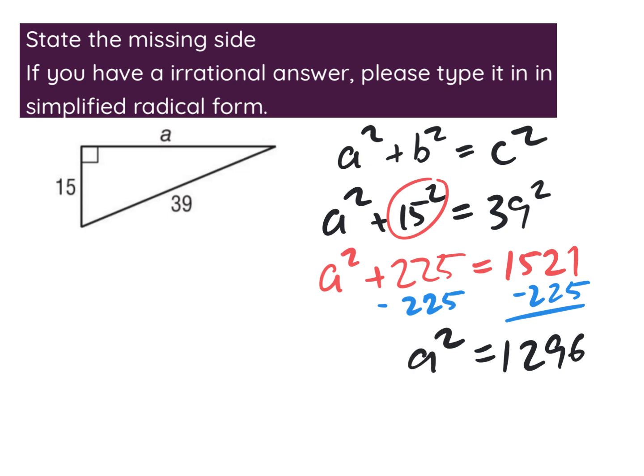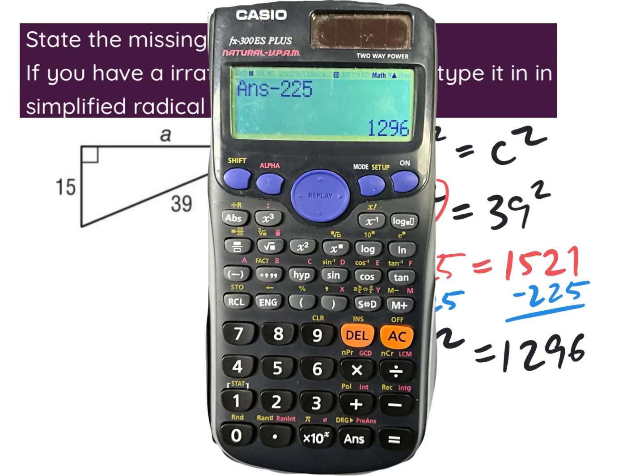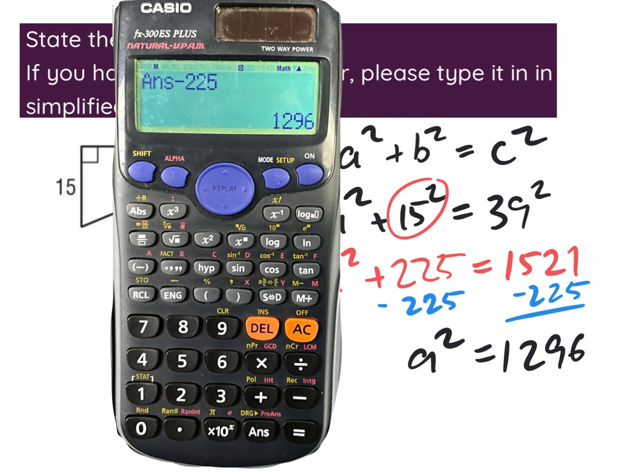Now, at this point, let me show you what I have on my calculator so far. I ended up with this answer the last time I did 1521 take away 225, and I got 1,296. Now, if I want to apply a square root, because to get rid of the square on the a squared you've got to do a square root, since it's already on the screen, all you have to do is hit the square root button and then hit this ANS.